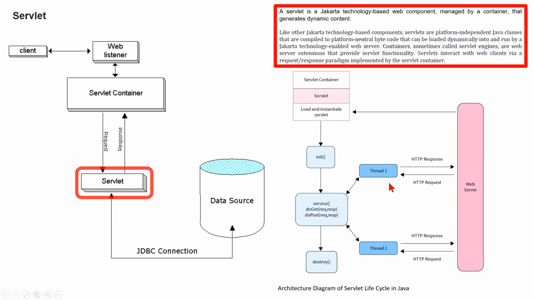This life cycle is expressed in the API by the init, service, and destroy methods of the jakarta.servlet.Servlet interface that all servlets must implement directly or indirectly through the GenericServlet or HttpServlet abstract classes.